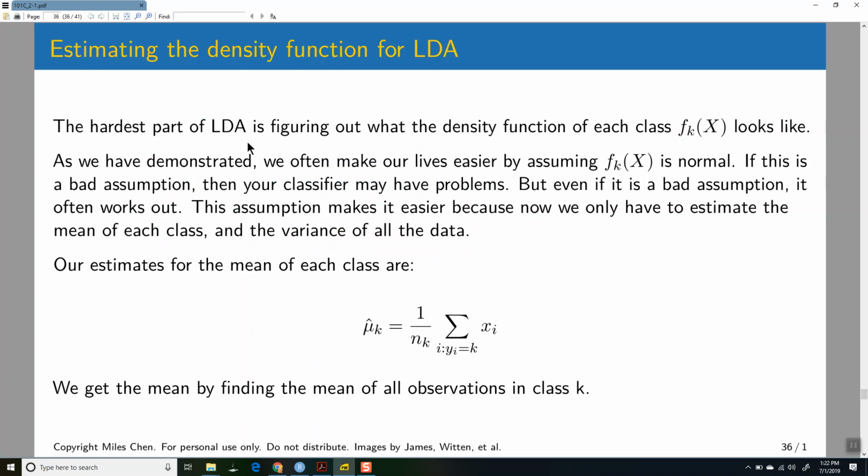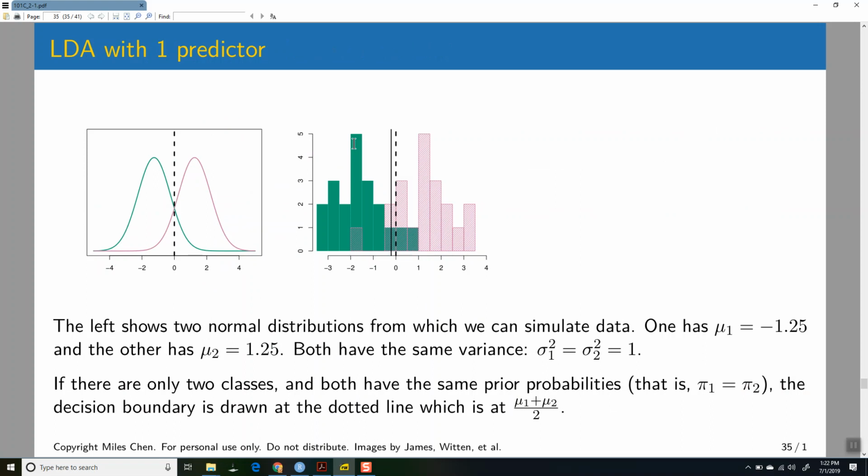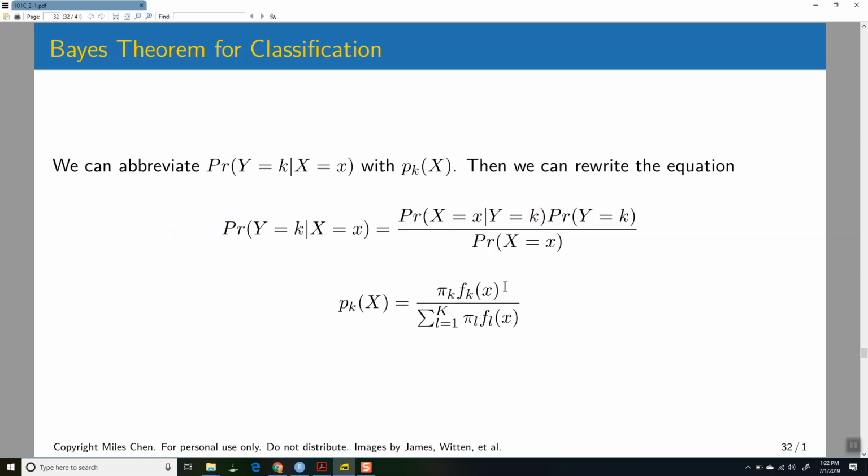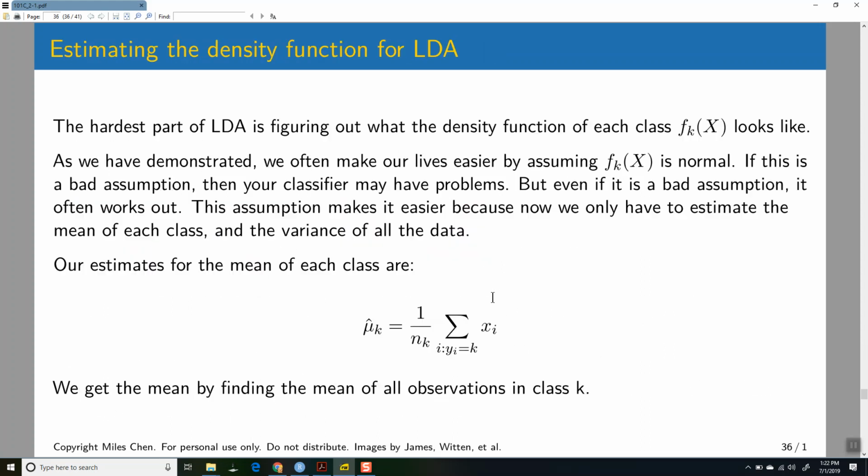The hardest part of LDA is figuring out what the f sub k of x looks like, what that density function looks like. What we're saying is we're going to make our lives easier by assuming it's Gaussian, a normal distribution. But that could be a bad assumption, okay?